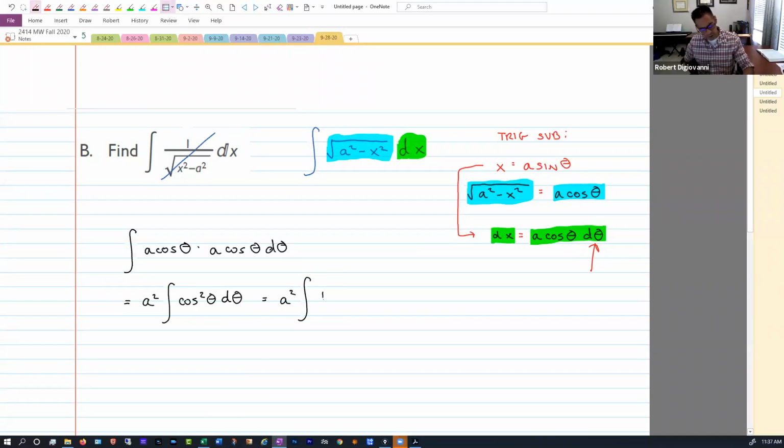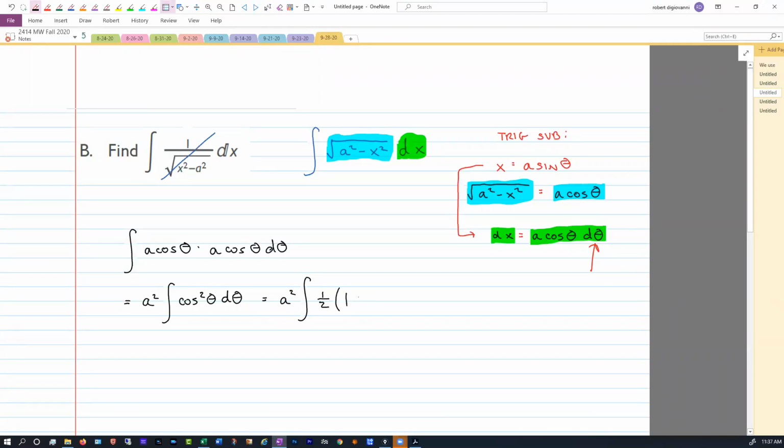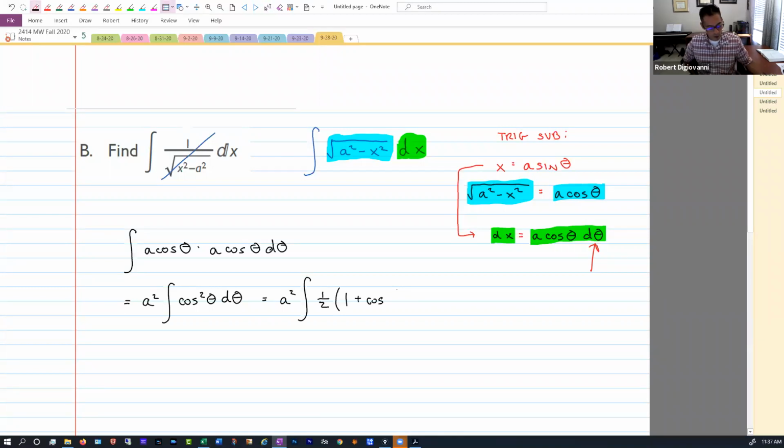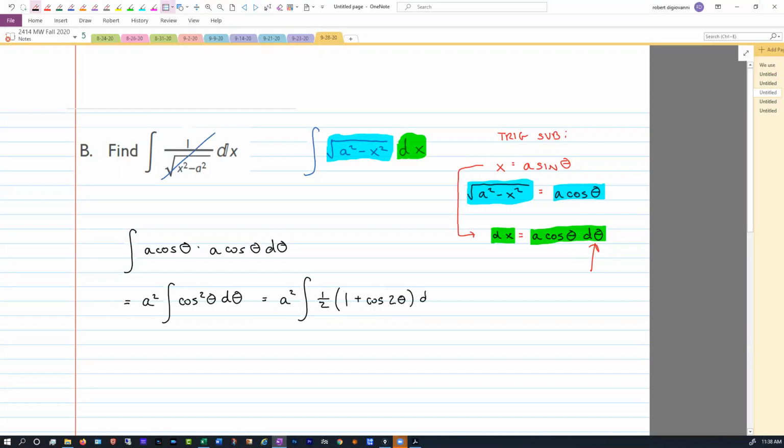Okay, good. But don't forget the 1/2 in front. Oh, 1/2, yeah. And then 1 plus cosine of 2u, right? But our variable is theta. So it's going to be cosine of 2 theta, right? And then d theta. Good. That's right. Good job.